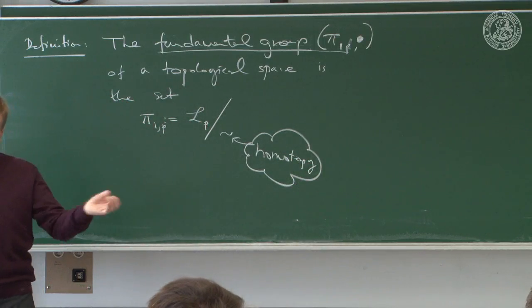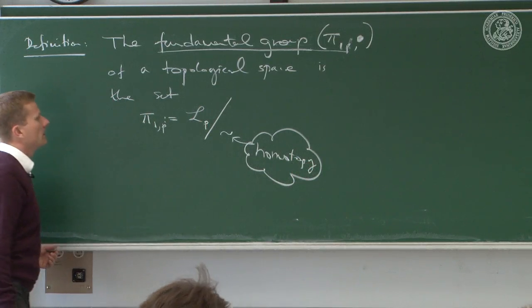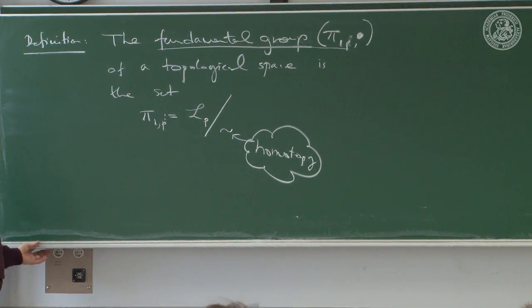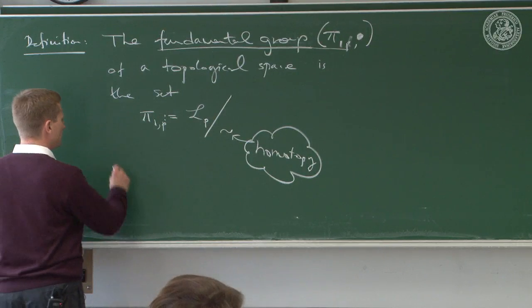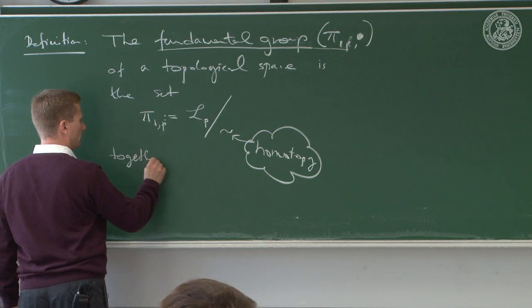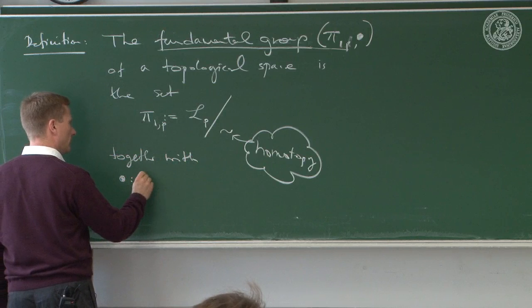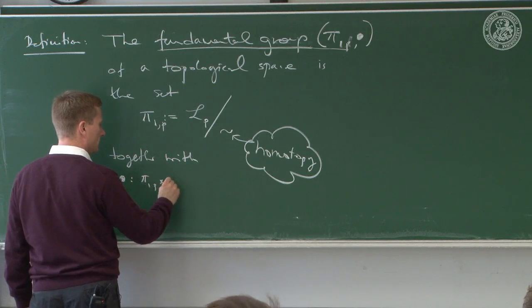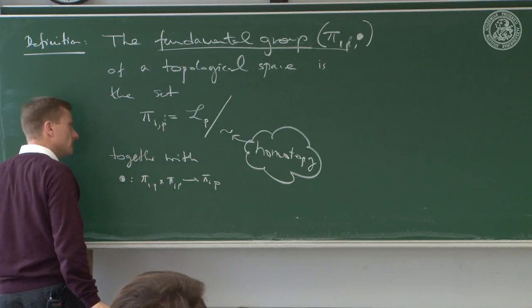Intuitively, it's very clear. Ignore everything that can be continuously deformed. Okay? It's the loops, but under identification of all the loops that are homotopic to each other, together with the blob operation, and blob takes you from pi 1 p cross pi 1 p to pi 1 p, as it should.